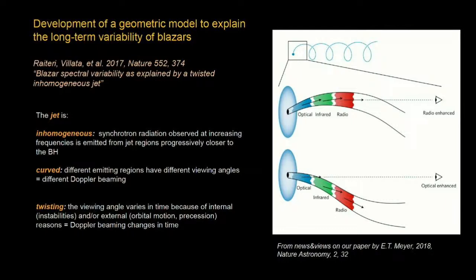This can happen either because of something happening inside the jet, that is plasma instabilities, or because of external causes, such as orbital motion in a binary system of supermassive black holes, or precession. But this means that the Doppler beaming changes in time.